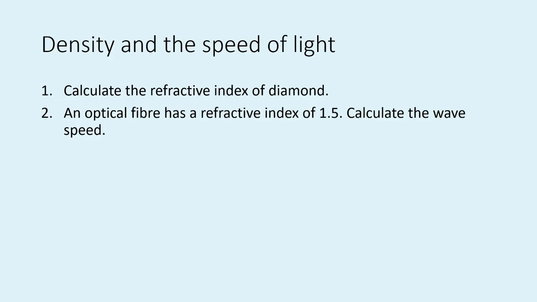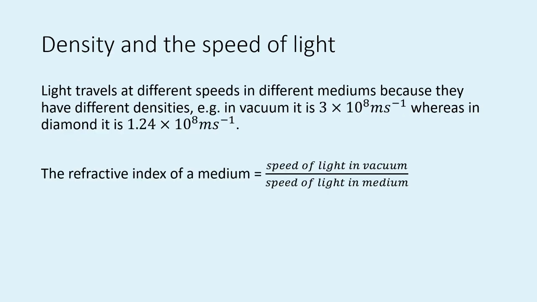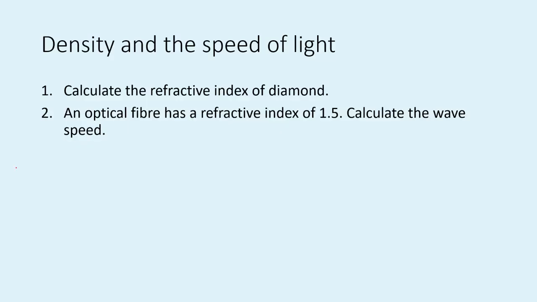Okay, so let's have a look at a couple of questions. Let's say we're asked to calculate the refractive index of a diamond, and we're given the speed. So we can use the equation that n, the refractive index, is often given the letter n, is the speed of light in vacuum divided by the speed of light in the material.